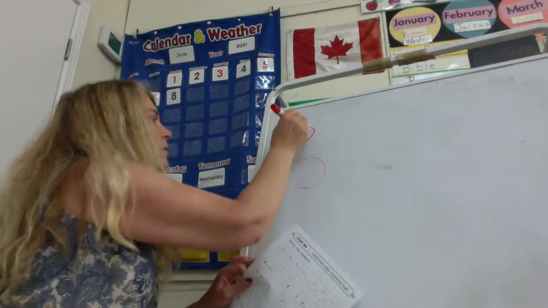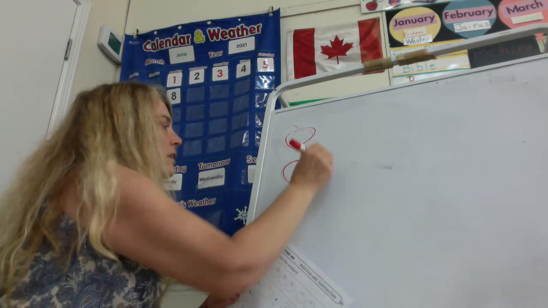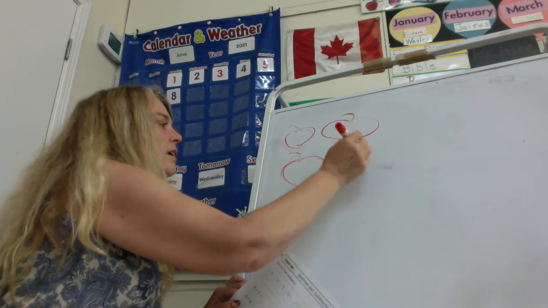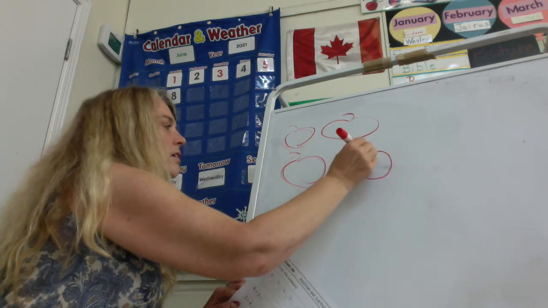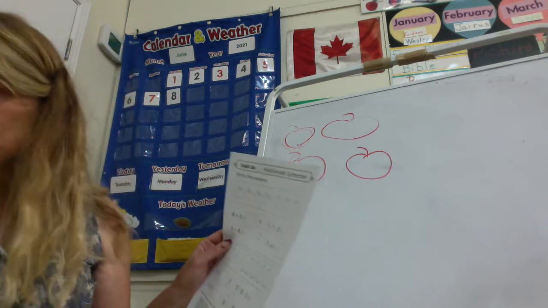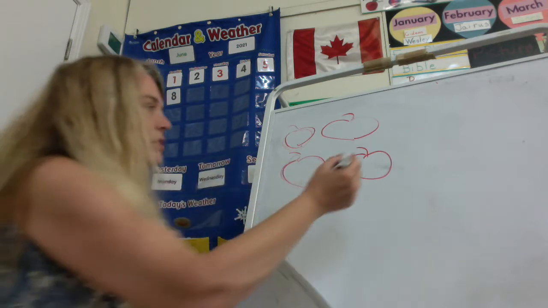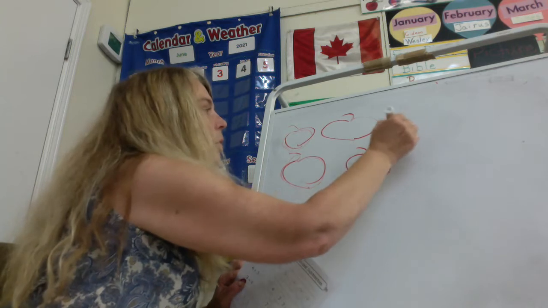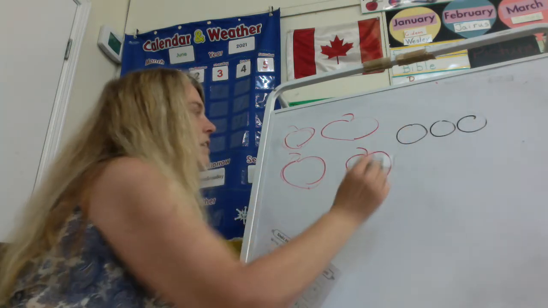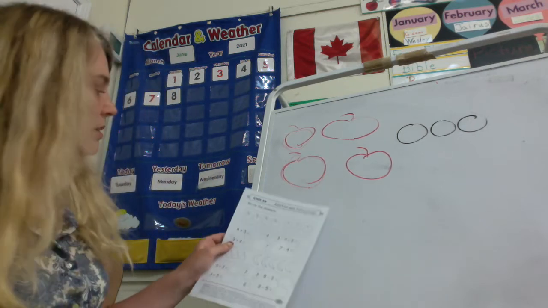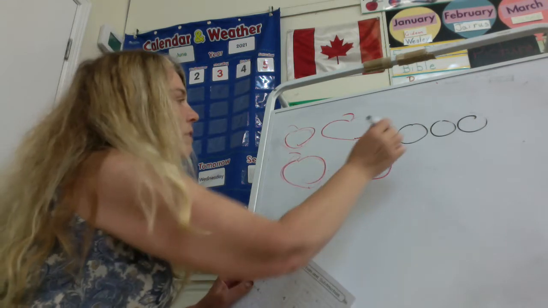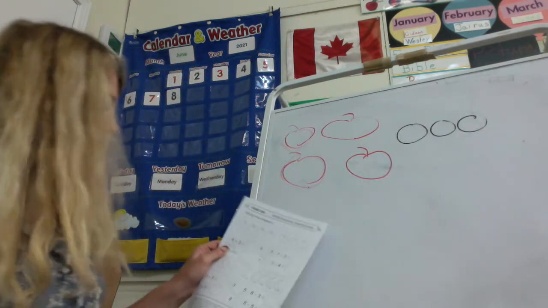There. 1, 2, 3, and 4. 4 apples and 3 oranges. I don't have an orange marker, so I'm just going to do them in black. 1, 2, 3. There's our oranges. So all together, how many pieces of fruit do we have? 1, 2, 3, 4, 5, 6, 7. We have 7 pieces of fruit.